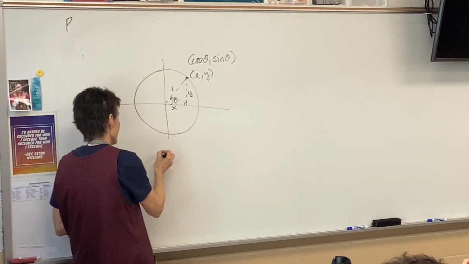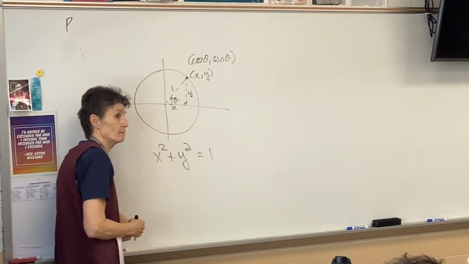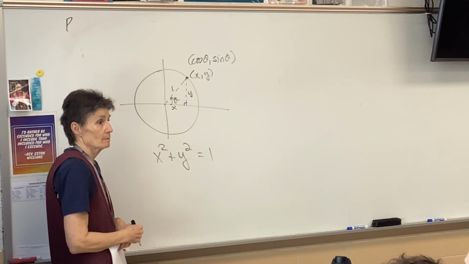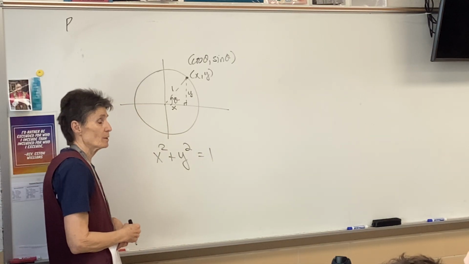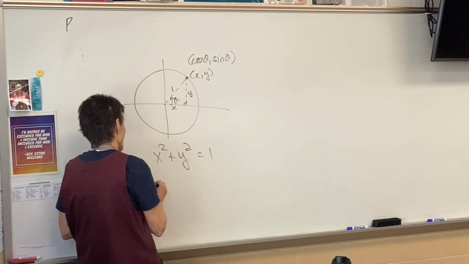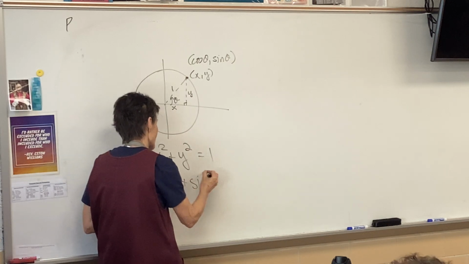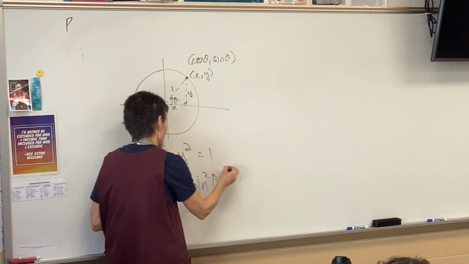And obviously, x squared plus y squared equals 1. Which means what? Cosine squared plus sine squared equals 1.